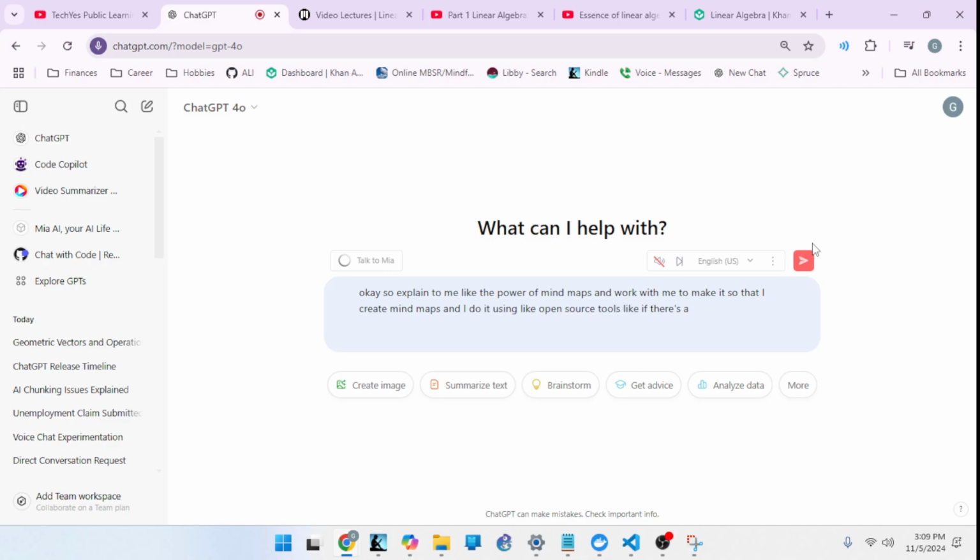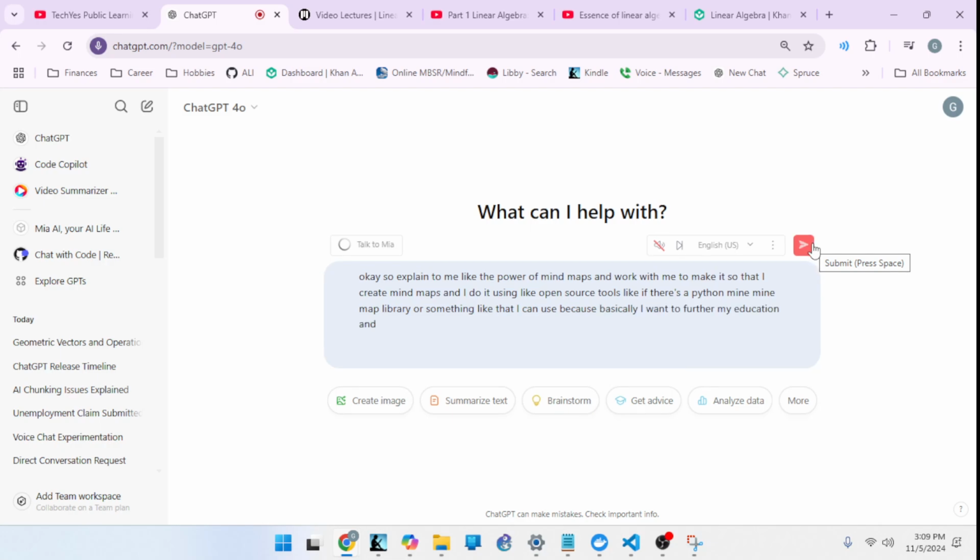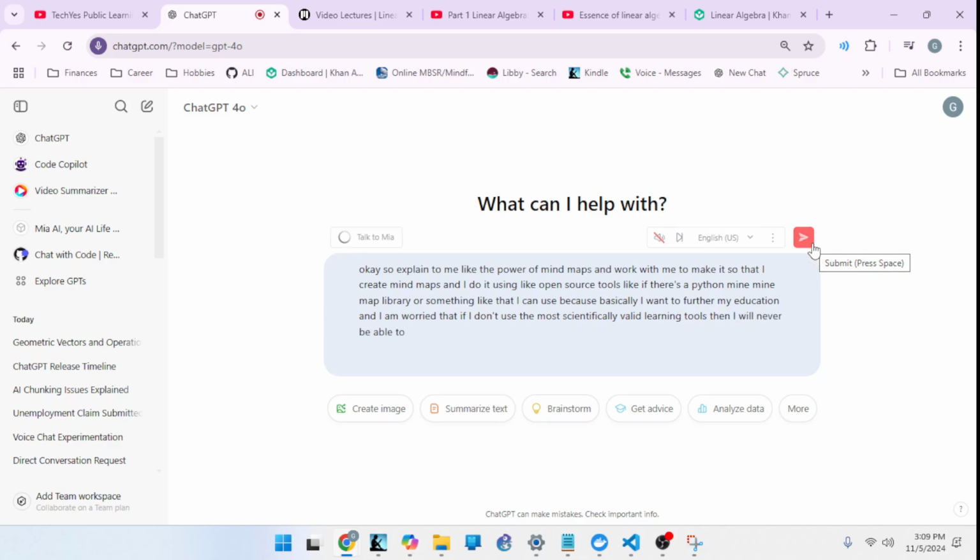Like if there's a Python mind map library or something like that I can use, because basically I want to further my education, and I am worried that if I don't use the most scientifically valid learning tools, then I will never be able to grasp the concepts at a high enough level to further my education to the way I desire.